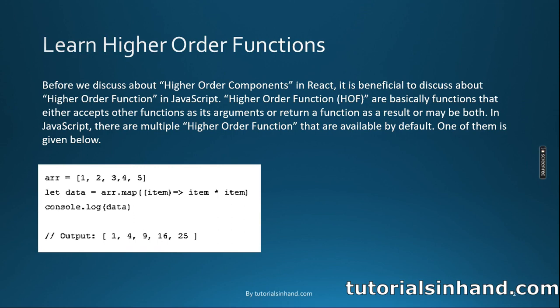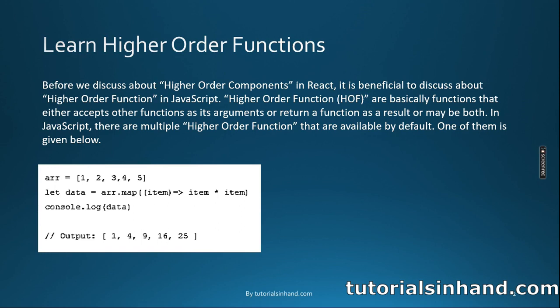Basically, we return the square of the number. Finally, we store that in the data variable and console.log the data. So 1, 2, 3, 4, 5 yields 1, 4, 9, 16, 25. You can definitely understand that each of these numbers returns its square. So this is what higher order functions are.